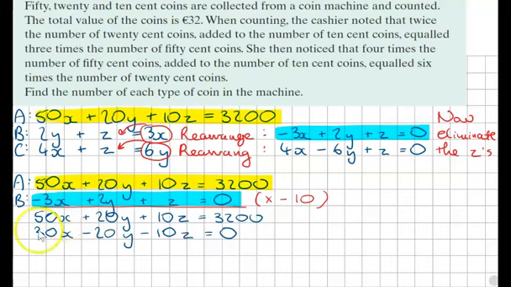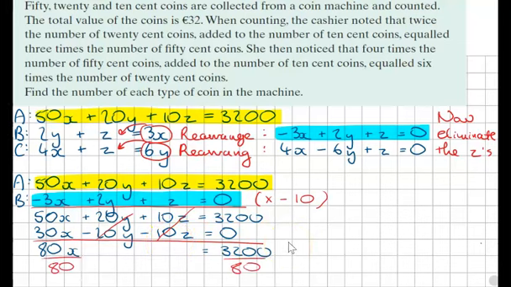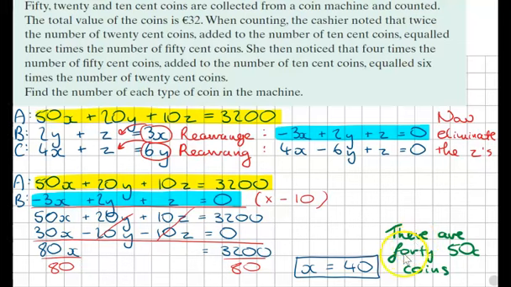But the blue line becomes 30x minus 20y minus 10z is equal to 0. Now my y's will cancel, and I get 80x is equal to 3,200 because my z's cancel as well. And I get x is equal to 40. So there are 40 50-cent coins.